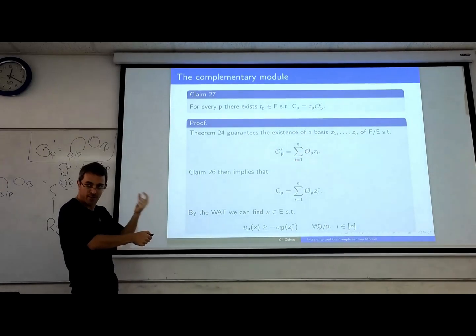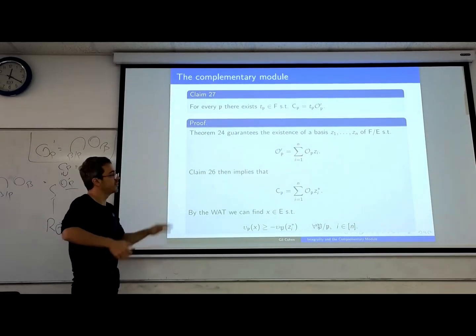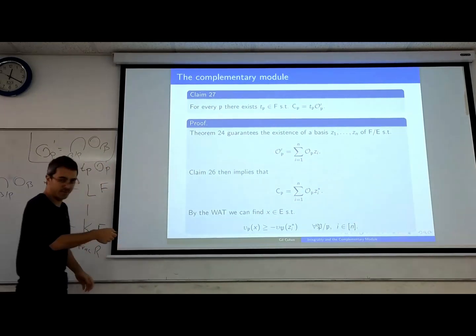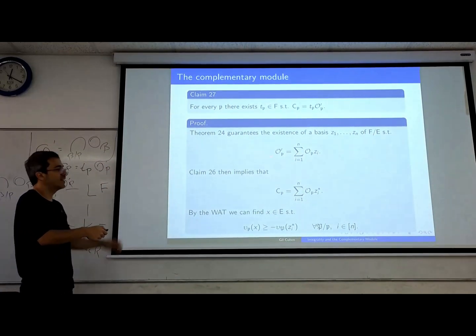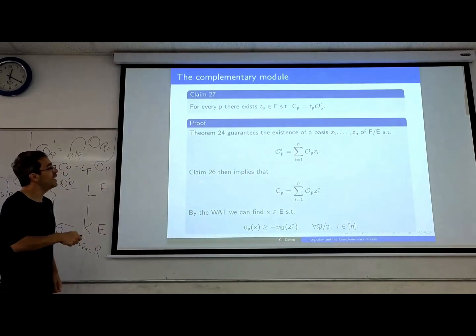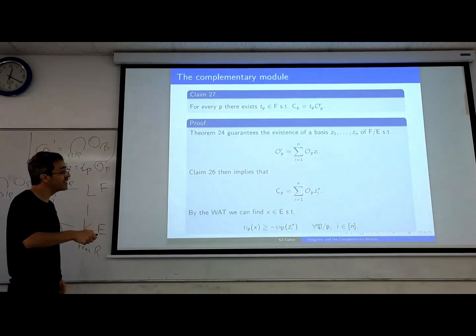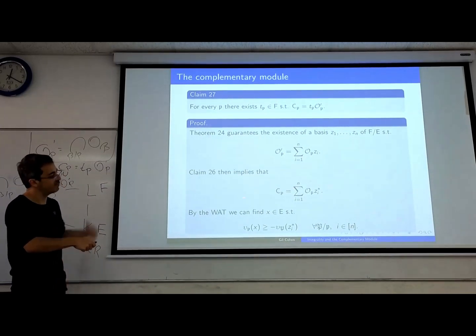For any particular little p, there is always a local integral basis for it. You should trust me, it's not trivial, but it's going to be in the addendum videos. It's of the same spirit of what we're doing, so I decided to skip it. And claim 26, which we just proved, means that once you have that, then we know how to write the complementary module using the dual basis.